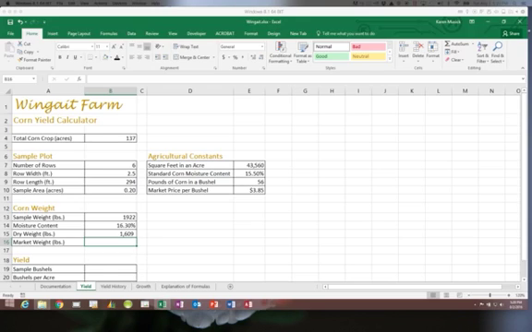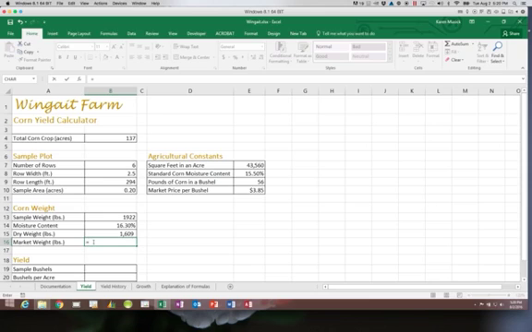So what we're going to do here is take the dry weight that we calculated, so equals B15, and we're going to divide that by, and again, it is important that we use the parentheses because this subtraction must happen before the division.